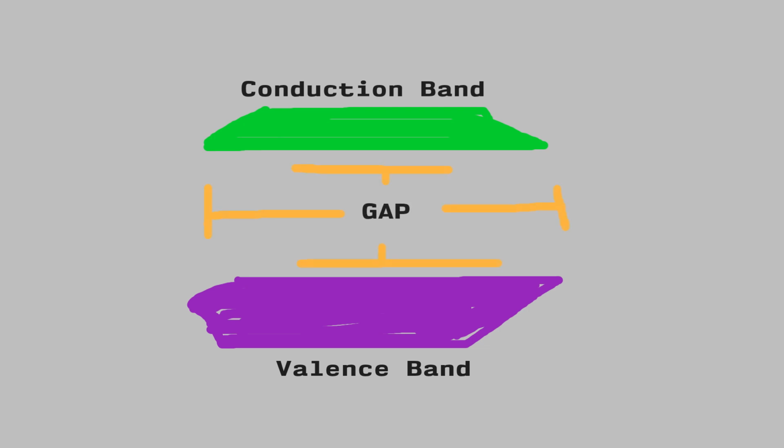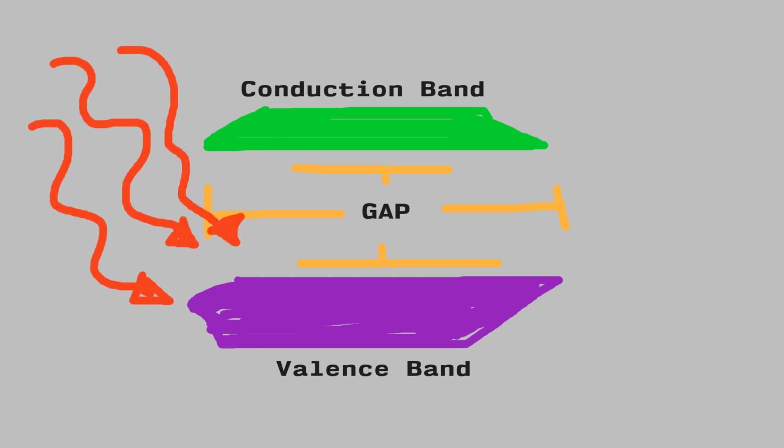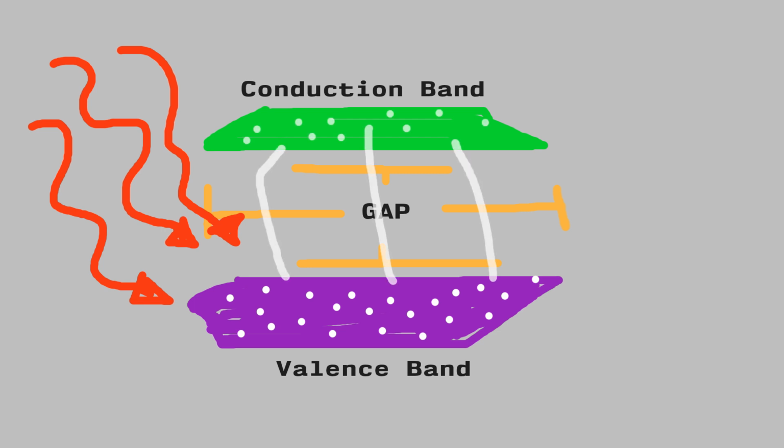The chemical compound of the valence band allows the electrons to get excited when light photons hit them, so excited they can hop over this band gap into the conduction band. And as the number of electrons in the conduction band increases, the conductivity through the LDR also increases.